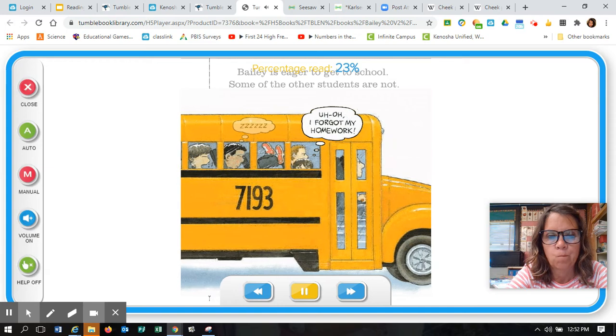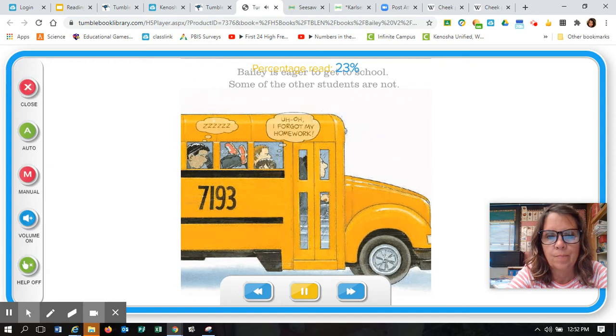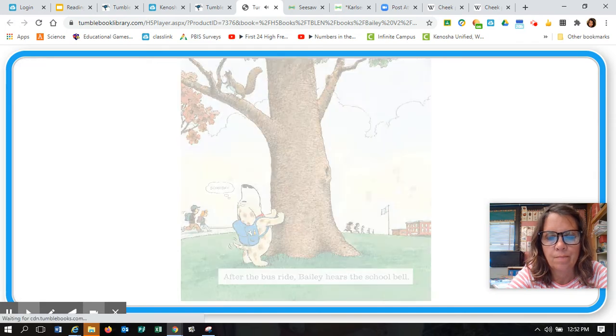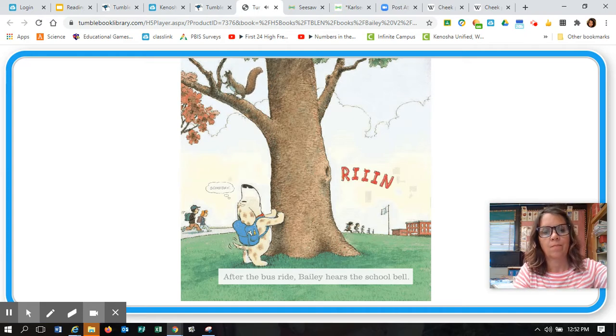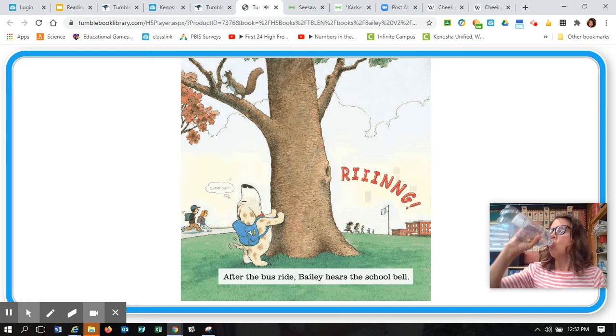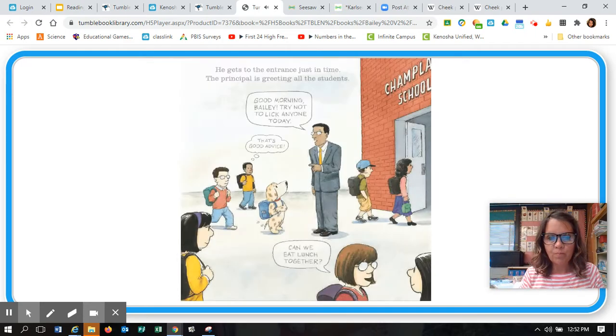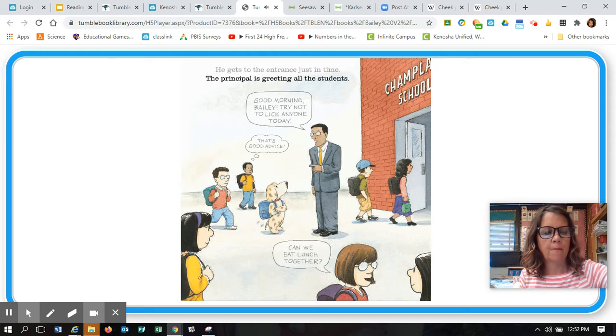Uh-oh, I forgot my homework. Someday. After the bus ride, Bailey hears the school bell. He gets to the entrance just in time. The principal is greeting all the students.